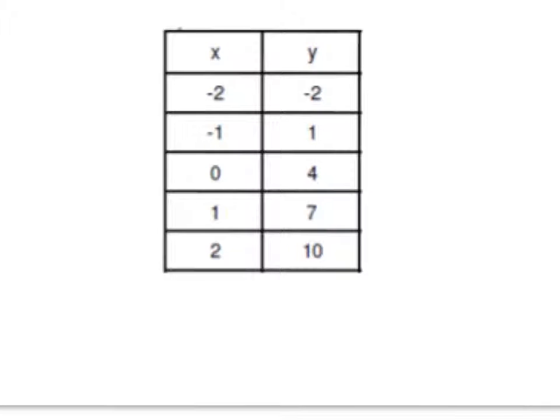Okay, and I think on the next one we have kind of the same thing going on with our x values. Add 1, add 1, add 1, add 1. Take a little gander at your y column. What am I doing to get from here to here? You would add 3.